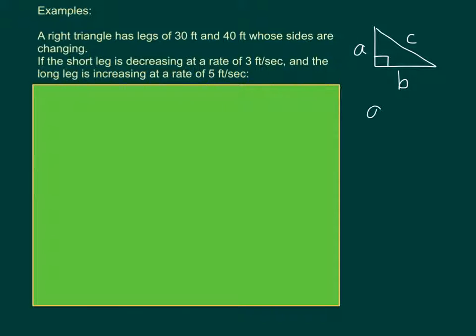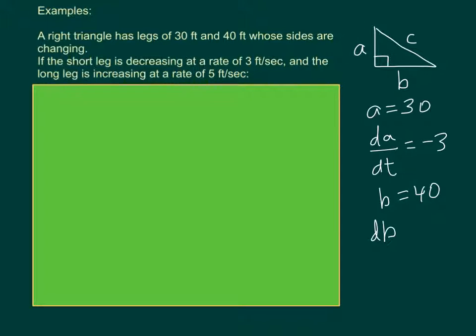just let A be the 30-foot leg. The short leg is decreasing at a rate of 3 feet per second. So the change in A with respect to time is going to be a -3. It's decreasing, it's getting shorter. And our other leg is 40, and it's increasing.